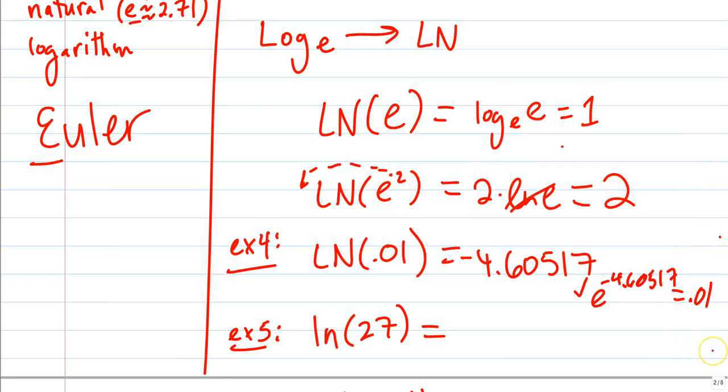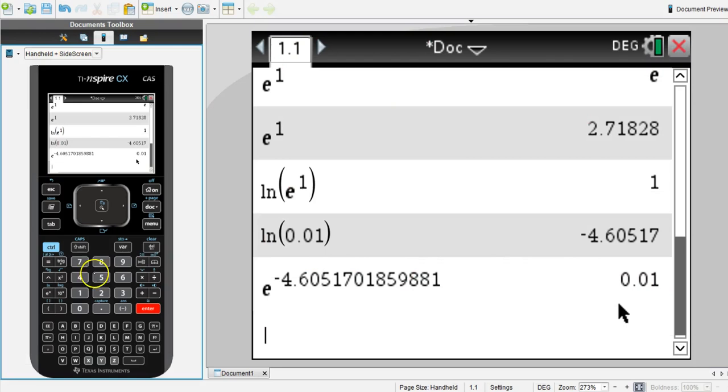Natural log of 27. I'm going to guess that is about 3 point something, between 3 and 4. 2.71 is about 3. 3 to the third is 27. So I know it's at least bigger than 3, but I'm not sure exactly. Well, let's check. Natural log of 27.